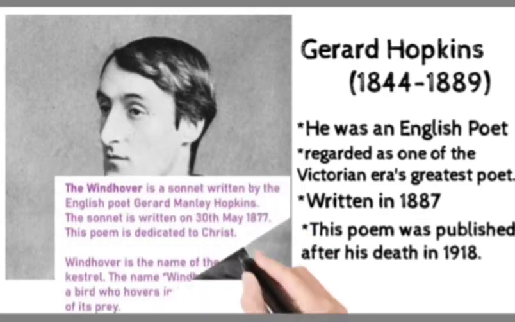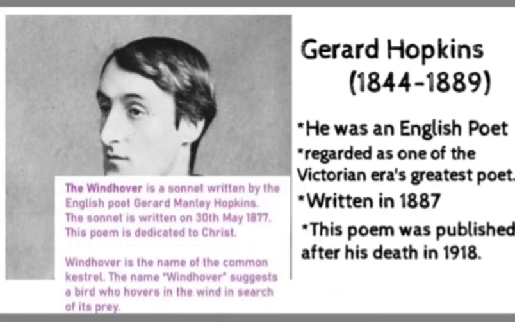So this poem is a sonnet. We will discuss more about the sonnet in the next slide. So this poem, The Windhover, is the name of a bird, and the bird's name is kestrel. Kestrel belongs to the falcon family. Kestrel is kind of a falcon.